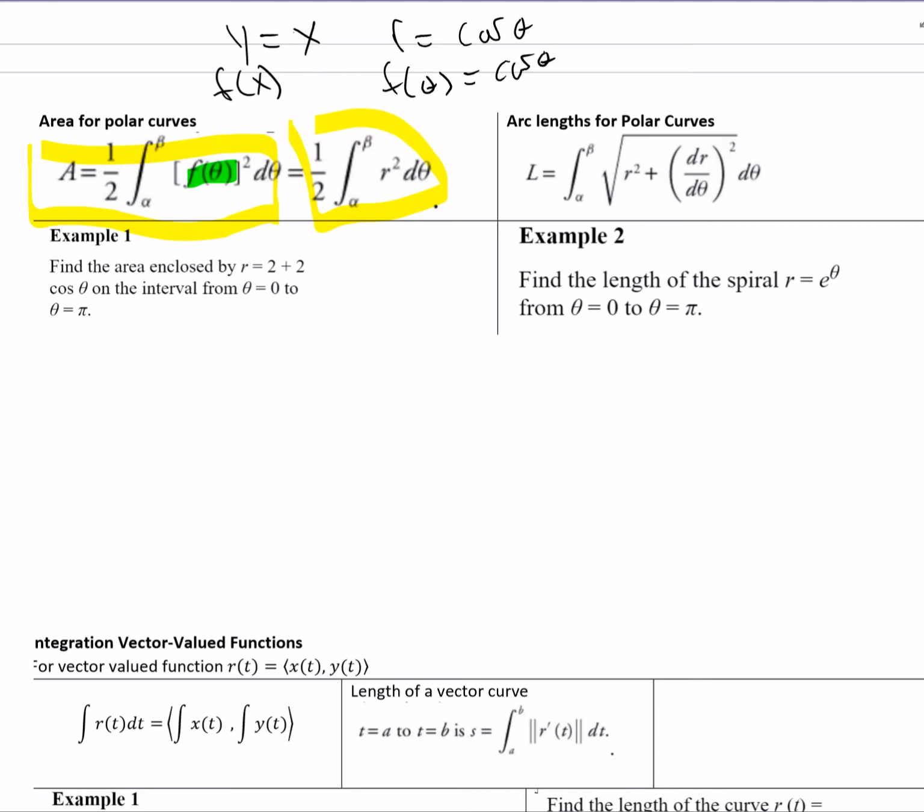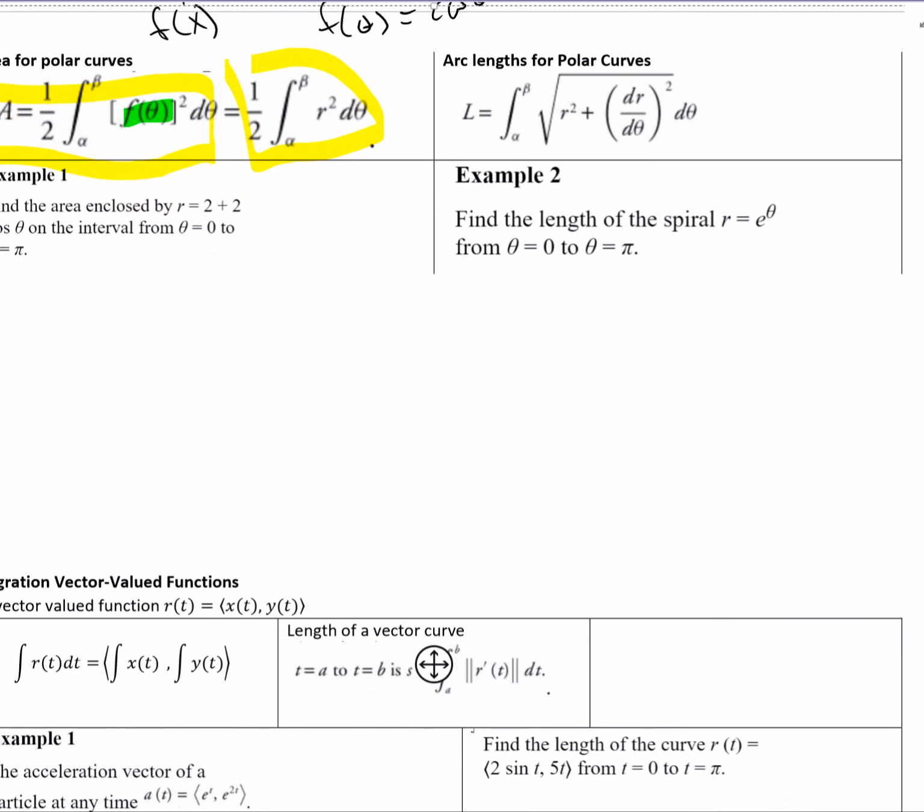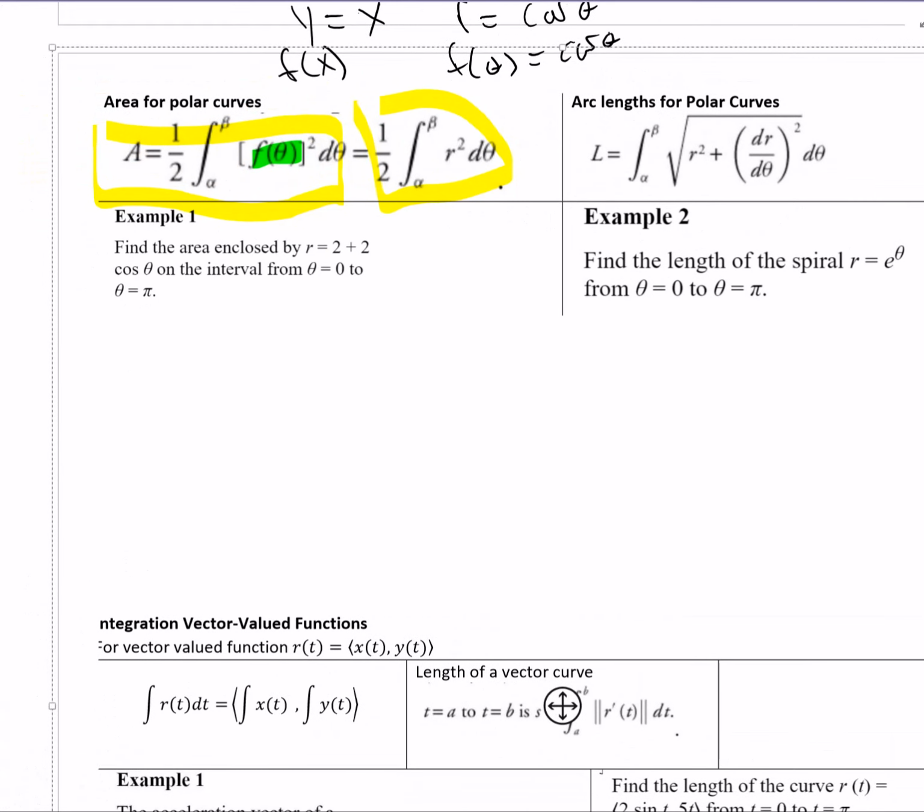We're trying to find the area enclosed by r equals 2 plus 2 cosine theta on the interval from theta equals 0 to theta equals pi. So basically what we're going to need is r squared. So let's go and find r squared first, right? r squared is going to equal 2 plus 2 cosine theta, and we've got to square it, right?